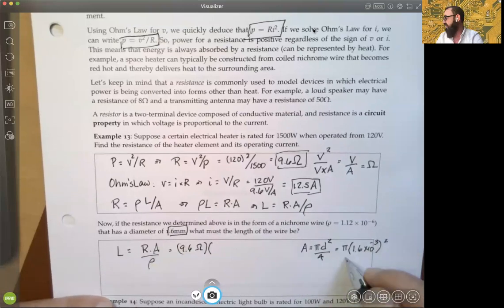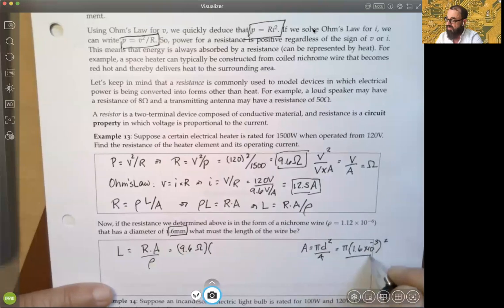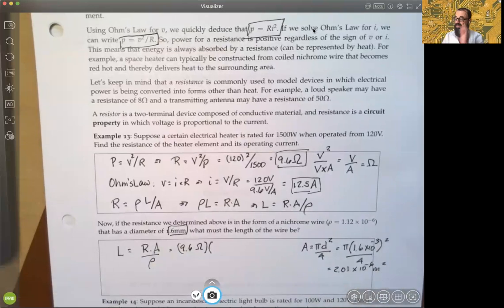Finishing that calculation out, you need to divide this whole thing by 4. And if you do that, and I've already done that with a calculator, you should get 2.01 times 10 to the minus 6 meters squared, correct? Because that would be meters inside there, you're squaring the meters.